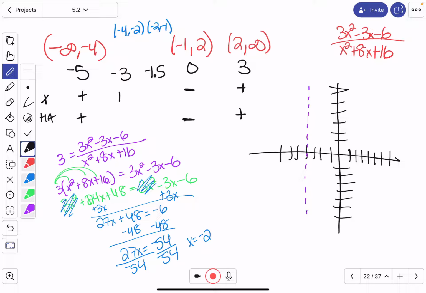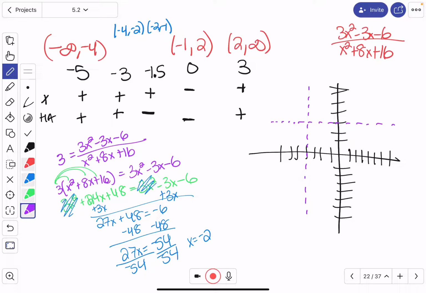So this is positive and positive because I got 30. And then if I test -1.5 in there, I get 0.84, which is above the x-axis, but below our horizontal asymptote. So go back to where we were doing that. So I skipped one of the steps here.